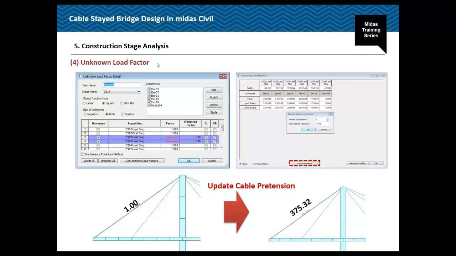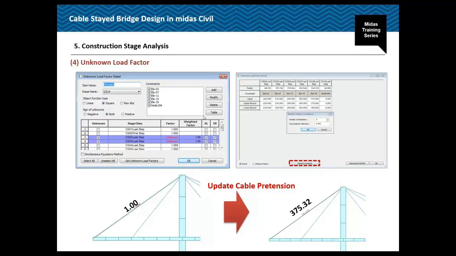Now we have another function in Civil, finding the cable jacking force in the construction stage using the unknown load factor. I think you must be familiar with the unknown load factor function now because we discussed it last time.